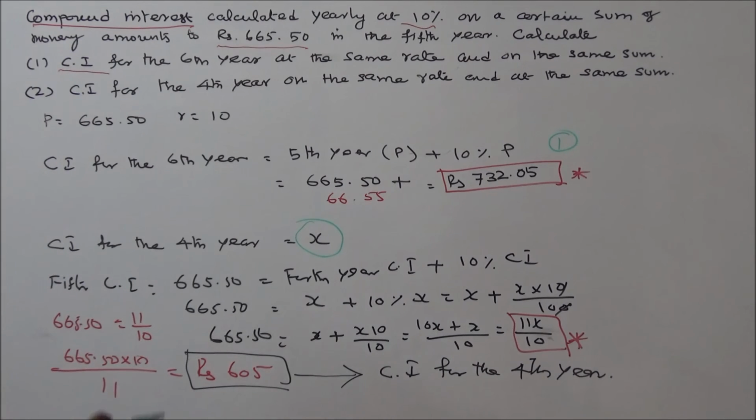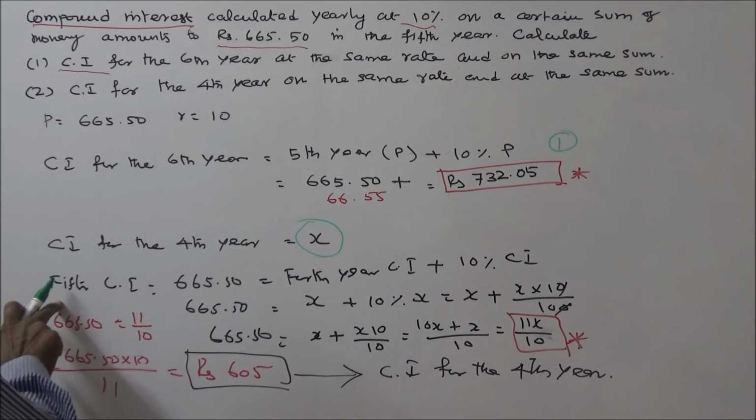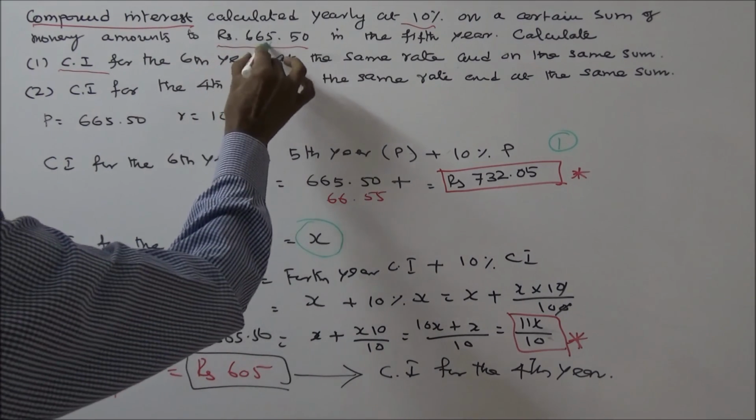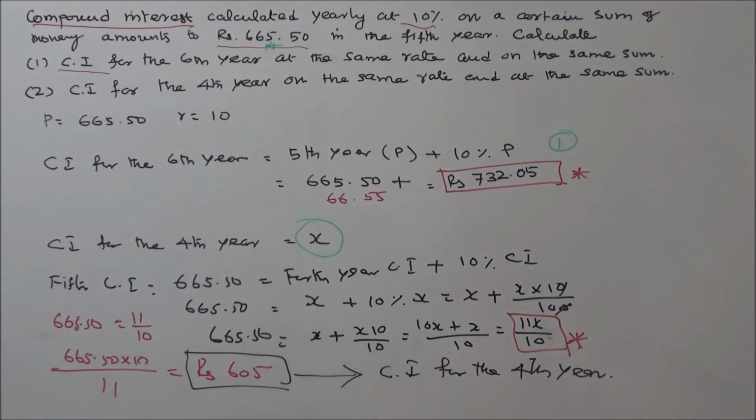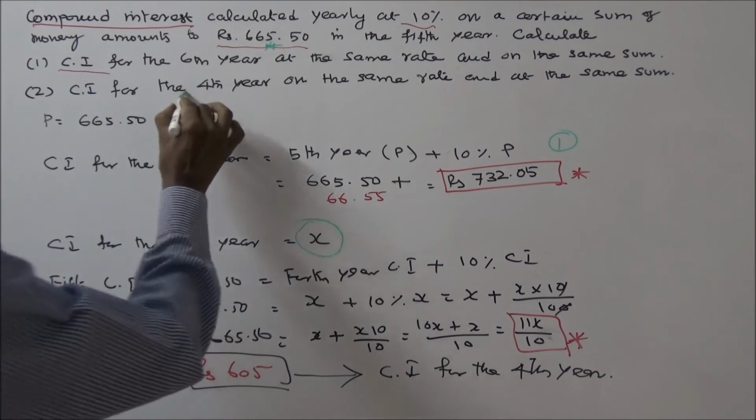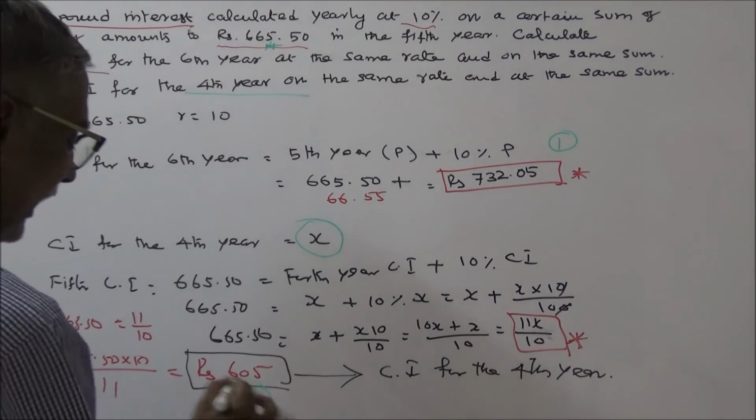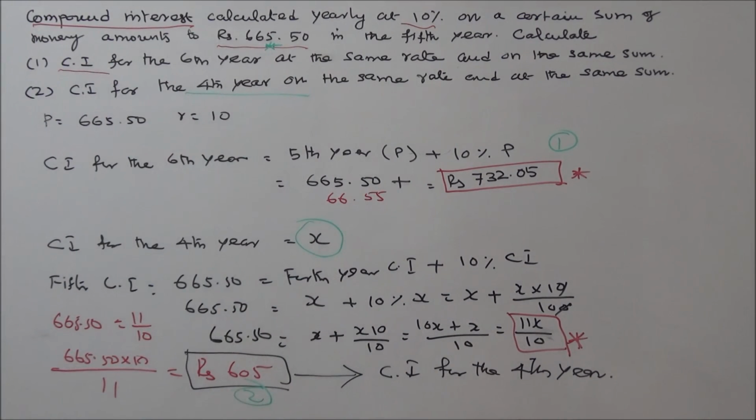Simplify it: we know the fifth year compound interest is given in the problem as 665.50, which is equal to 11x by 10. Simplify it and you get rupees 605 as the compound interest for the fourth year. This is the second question's answer. This is the way you have to work out this problem.